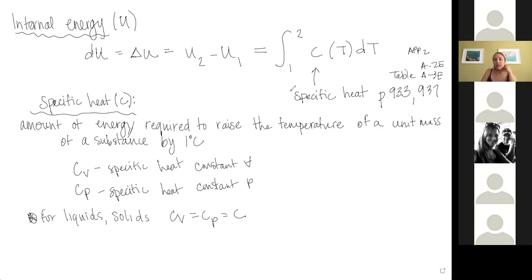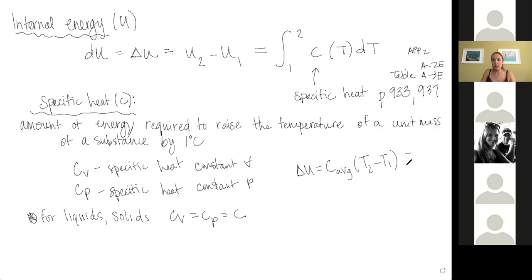If we come back to this integration here, we have our specific heat that's a function of temperature, and our dT term, our change in temperature from point 1 to point 2. If we assume that our specific heat is relatively constant over an average range, this equation becomes our change in internal energy is equal to our average specific heat times temperature at point 2 minus temperature at point 1.